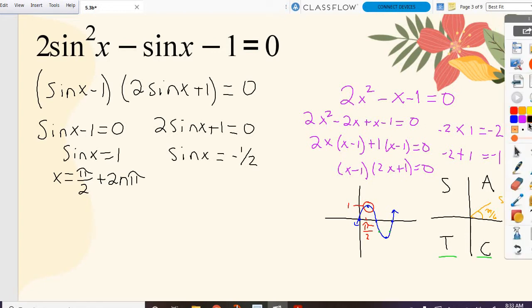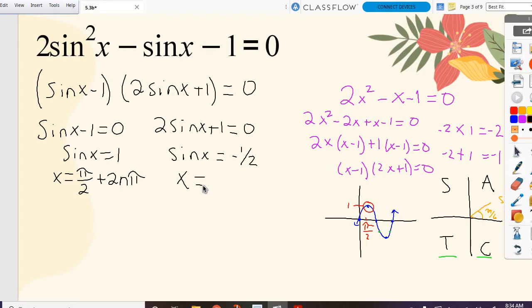We need to find the two angles in our third and our fourth quadrant that have pi over 6 as the reference angle. And the nice thing about our radian measures is that for anything on the unit circle, the reference angle is going to have the same denominator as the original angle.